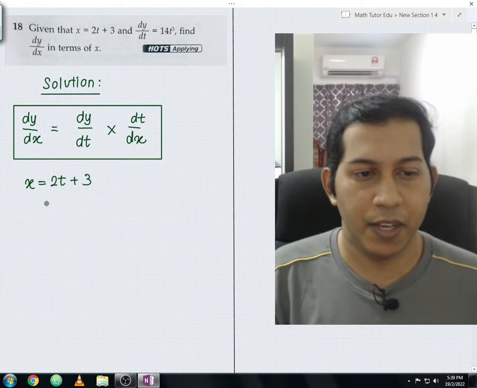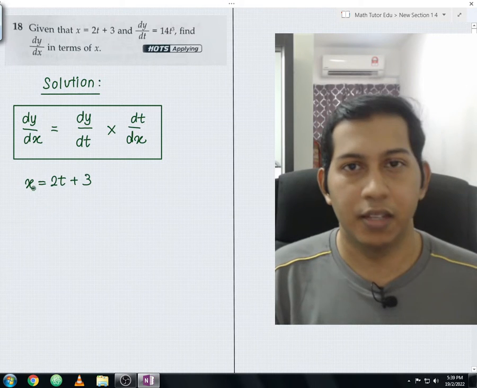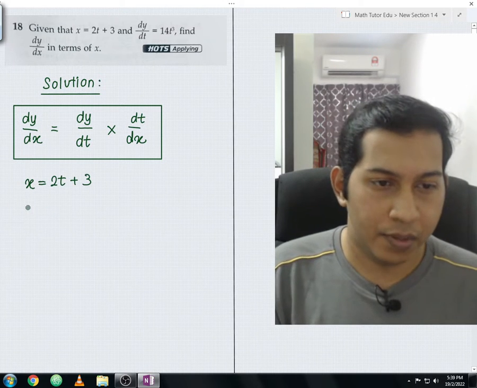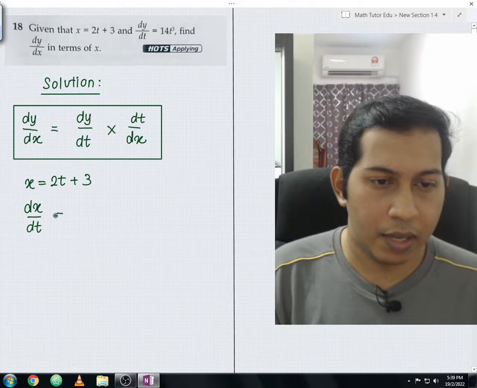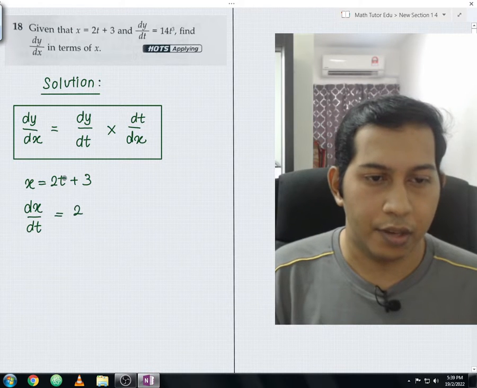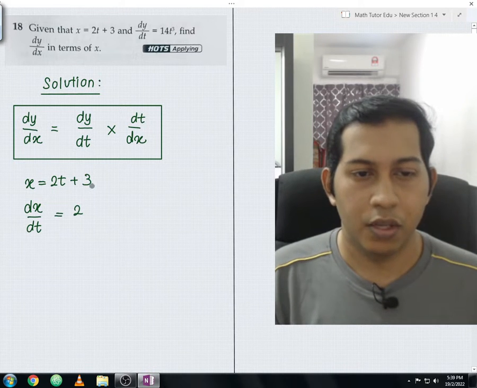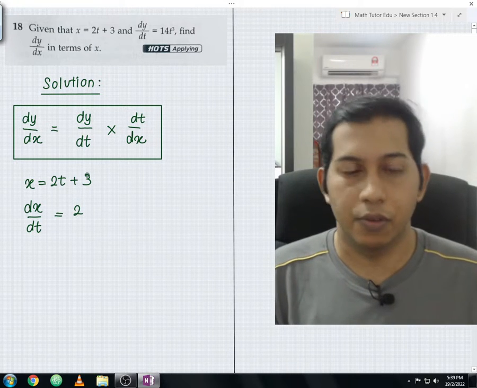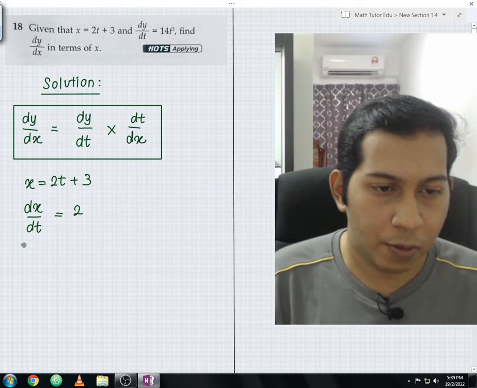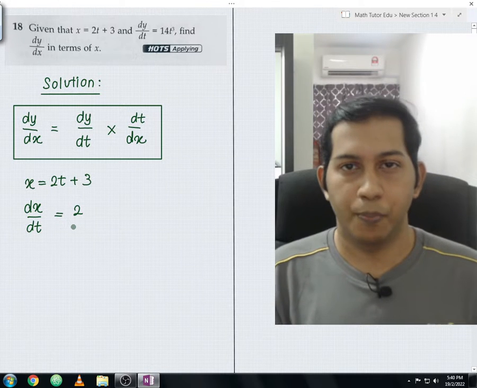Let us differentiate x with respect to t. You get dx over dt equal to 2. 2t you differentiate, you get 2. 3, since it is a constant, becomes 0. So you are left with dx over dt equal to 2.